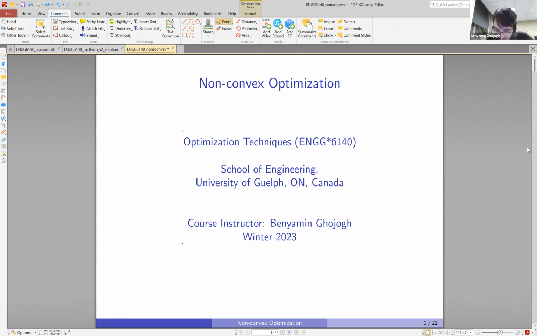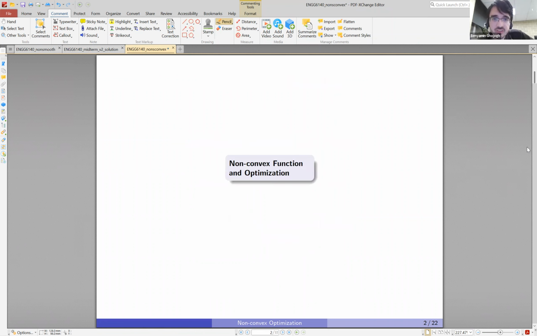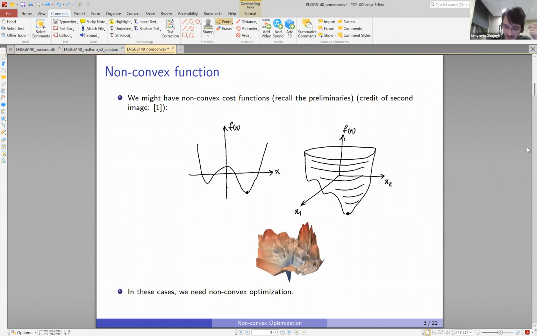Let's start that. What is non-convex? First, let's talk about a non-convex optimization function and optimization. What does it mean? We might have a non-convex cost function. Recall the preliminaries.